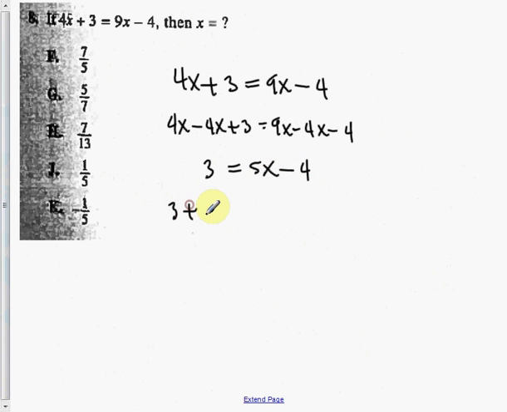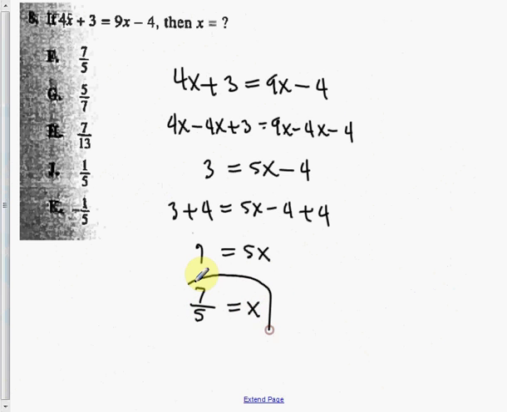So 3 plus 4 equal to 5x minus 4 plus 4. So we get 7 is equal to 5x. And it should be straightforward there, just dividing both sides by that 5. We get 7 over 5 is equal to x. Then we look to see if we can find that, and it's that first choice. Okay.